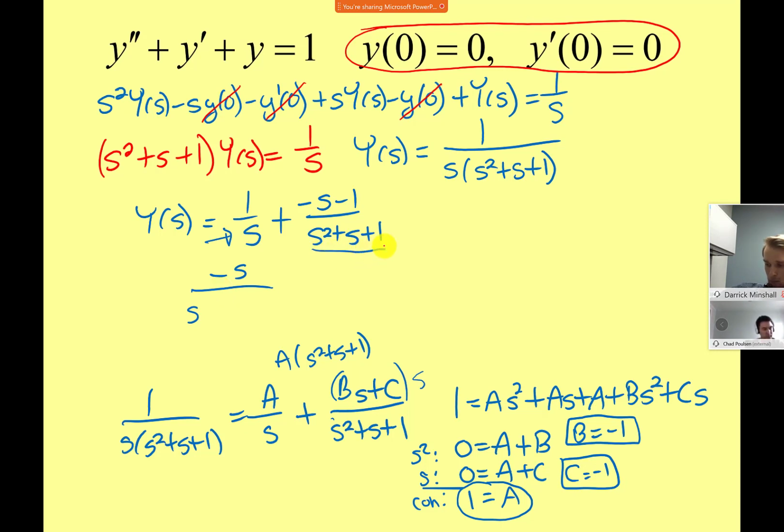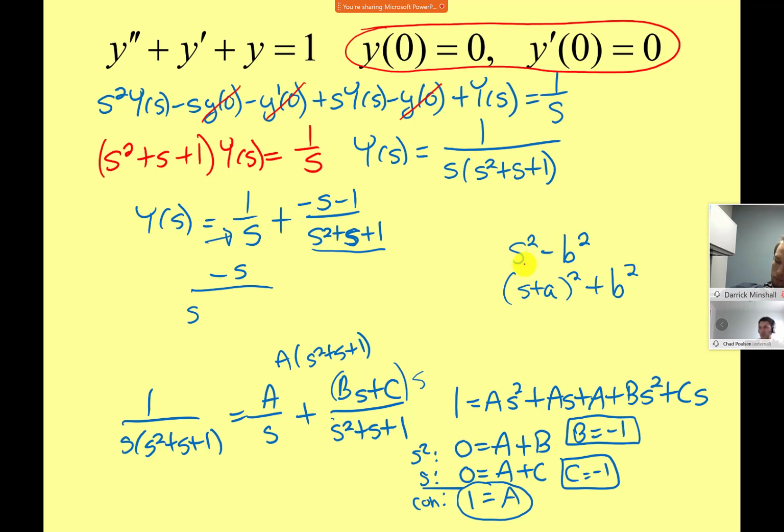This one, I want to complete the square on it because I want to be able to express it as s squared plus b squared, and it's actually going to be expressed as s plus some a, squared, plus b squared when I'm done. It's going to have a shift in it, so we'll have an exponential, but then it's also going to come back as a trig function, but I can't see that unless I have it as some stuff squared. So I need to complete the square on that denominator.